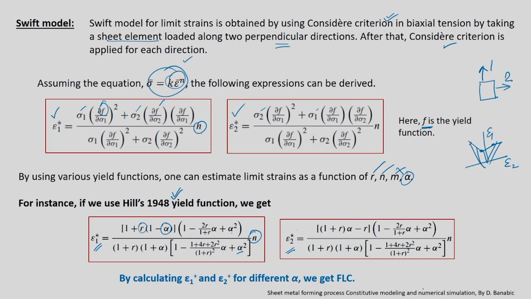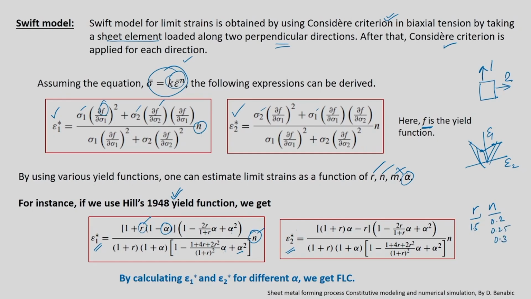So what are the material properties you have? There is only one quantity, plastic strain ratio, which quantifies the degree of anisotropy. There is one parameter n, the strain hardening exponent. Other than that, you have only alpha to change the stress ratio or to change beta. So now for a constant n and r, let us say I fix r as 1.5, and I change n, let us say 0.2, 0.25 and 0.3.